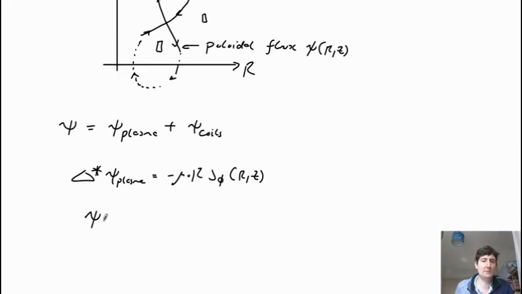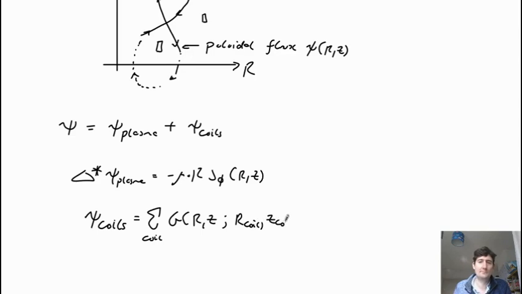The field due to the coils is the sum over all the coils of the Green's function, which is the field due to a delta function in the current, so a perfectly localized current source, which is a function of R and Z, and it depends on a parameter which is the location of the coils, so R coil and Z coil. And this is times the current in the coil.